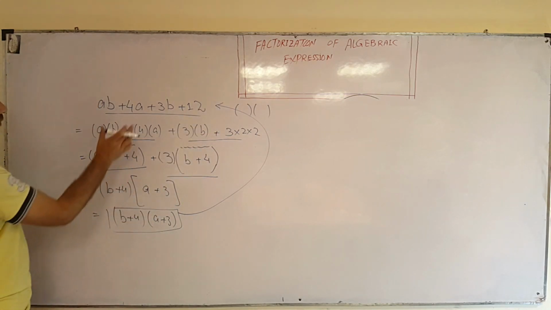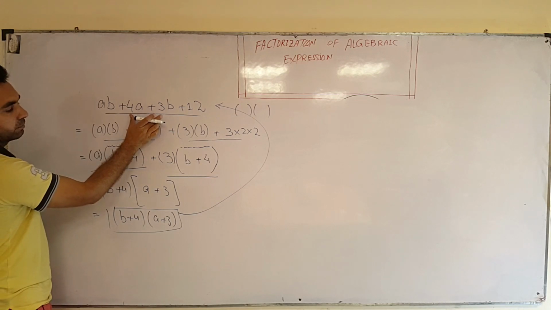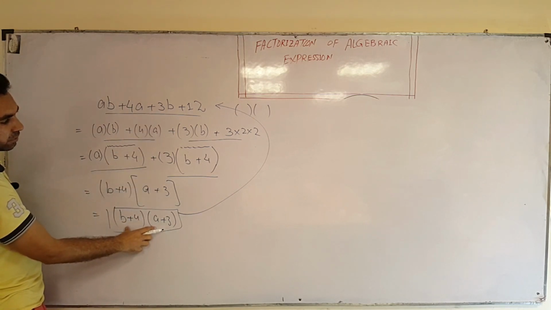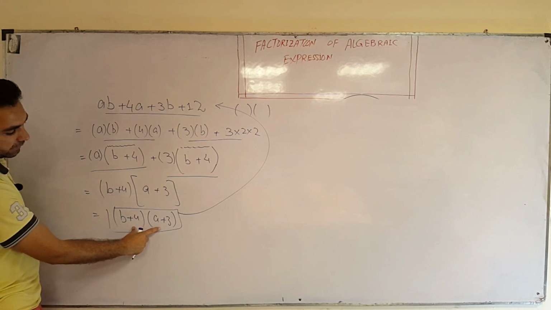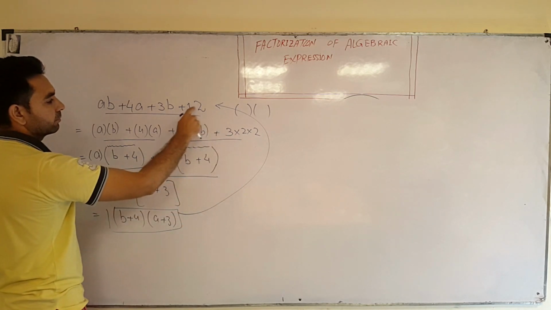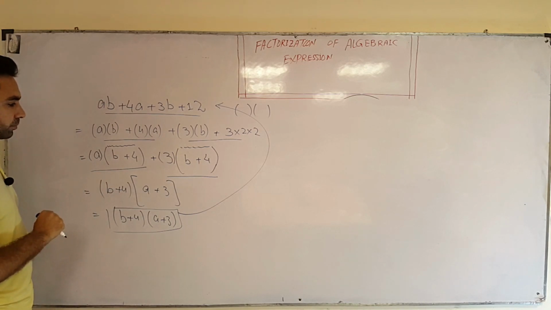So if you are given an expanded form and they're asking you to find out the factors, this is how we do it. And we already know that if you are given the factors, how do you expand them to get this one?